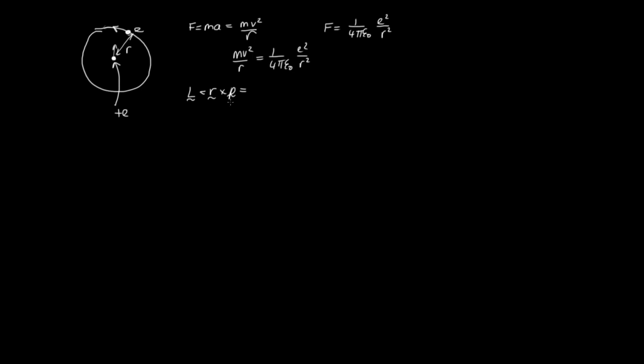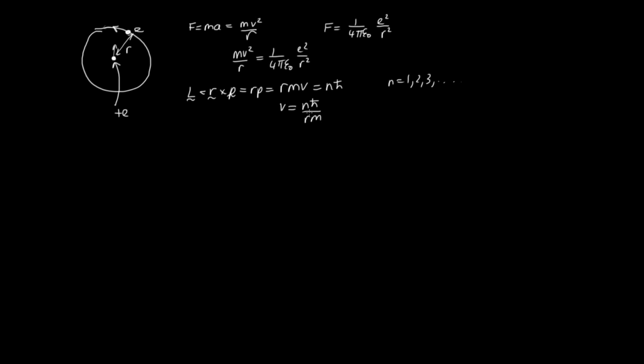So this is just equal to r times the momentum, which is given by the mass times the velocity. So this is the angular momentum, and then Bohr's second postulate tells us that this is equal to n h bar, where n is equal to 1, 2, 3, etc. So we can rearrange this, and we have the velocity is equal to n h bar over r m.